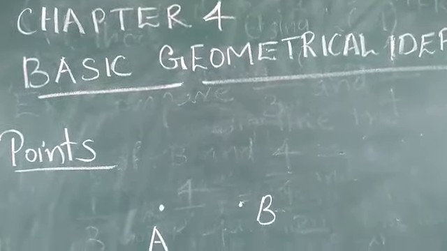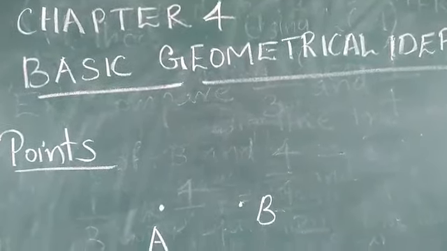Next one is line segment. What do you mean by a line segment? If we represent 2 points on a plane, A and B we marked on the board, and here I joined them with a curve or a straight line.